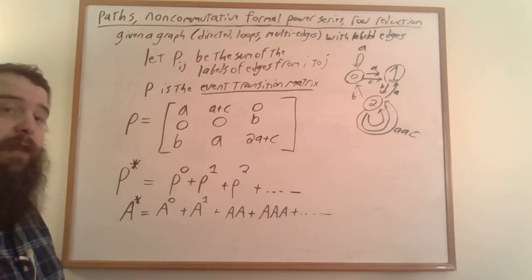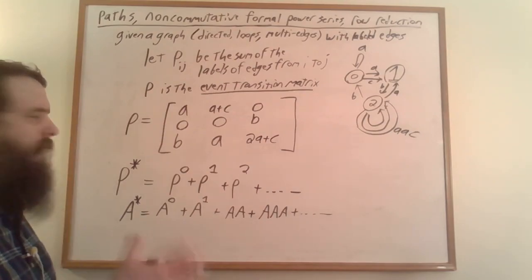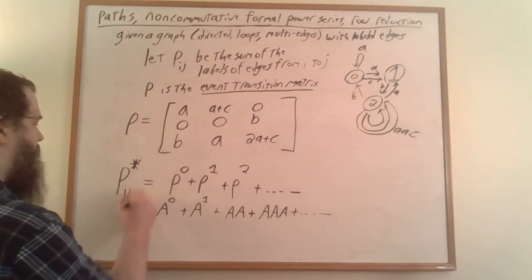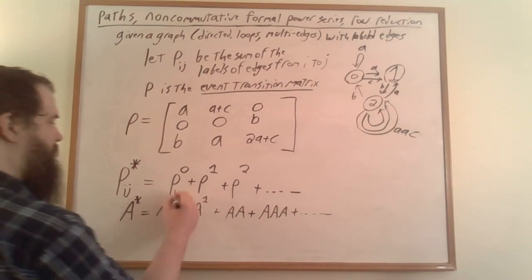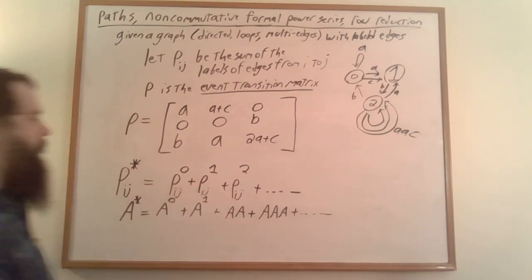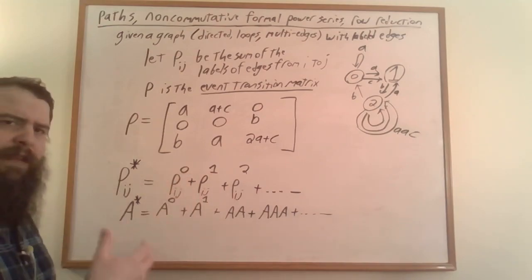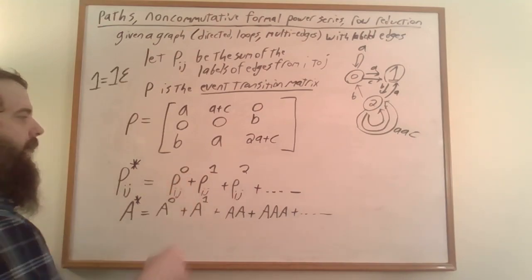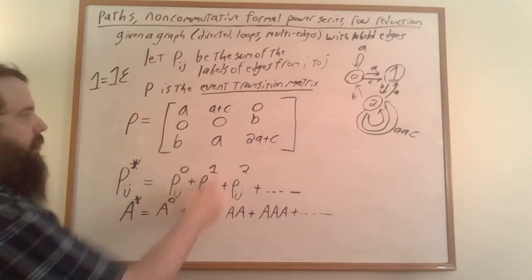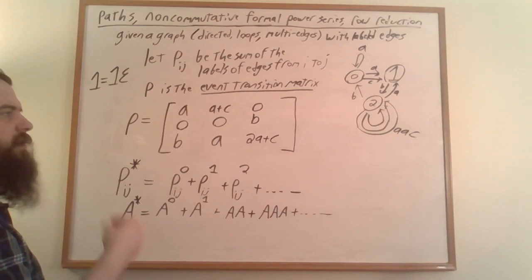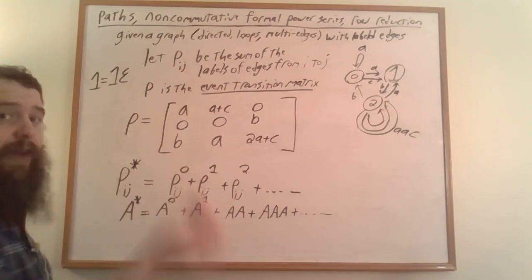And fortunately, when we're calculating this sum here, we don't actually have to worry that much. If we're considering a particular entry of the matrix P star, let's say the ijth entry, the ijth entry of P to the 0 is either going to be 0 or 1. And then this term of the sum here is going to be some sort of finite sum of a coefficient times a single variable, right?